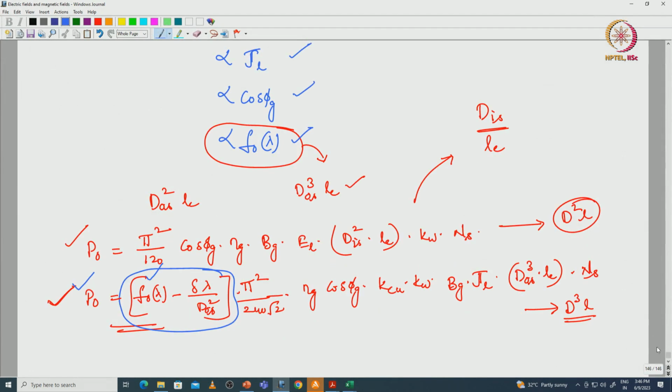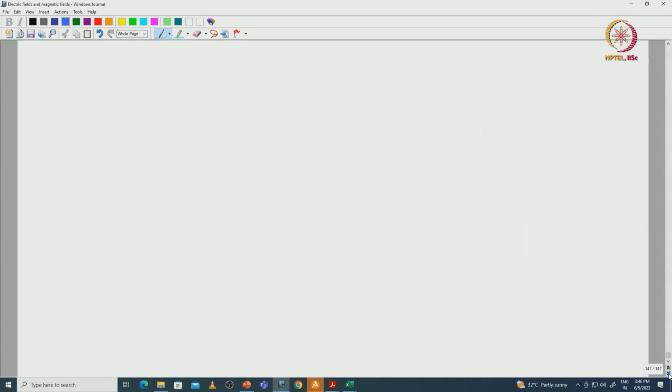I will go back to the notepad. Slot area equation: AS equals what? f of lambda in terms of AS, f of lambda equals AS into 4QS divided by pi d naught S square, minus delta divided by d naught S square.